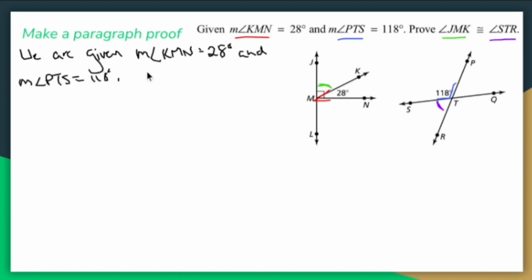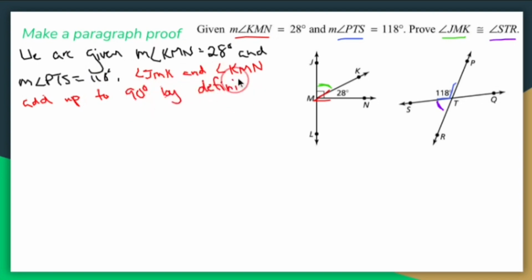So what I can say is that angle JMK and angle KMN add up to 90 degrees by the definition of right. No, let's not say right. Let's say complementary angles, because right angle implies one angle.